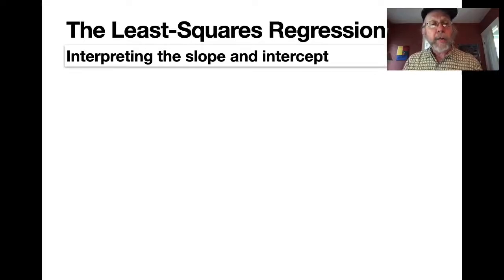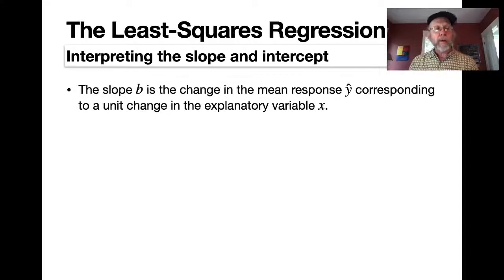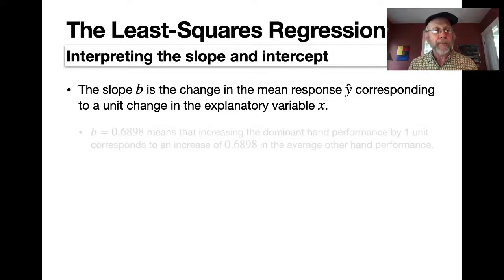What do the slope and the intercept mean in a regression line? Well, like any line, the slope b is the rate of change of y with respect to x. So b is the change in the mean response, y hat, corresponding to a unit change in the explanatory variable x.